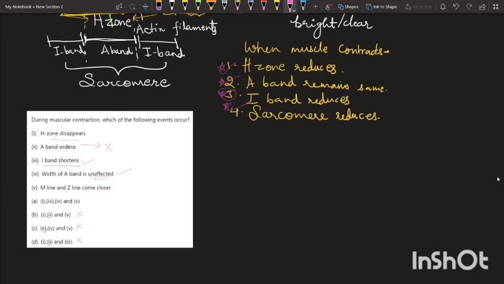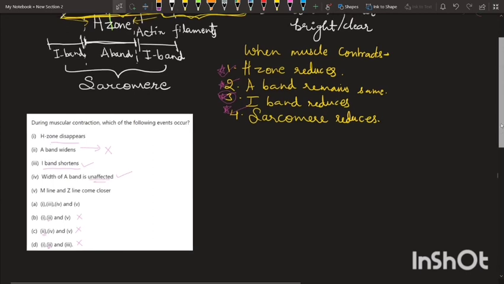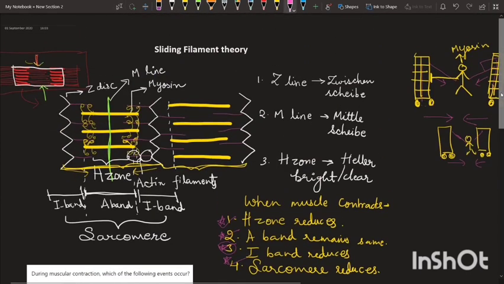Now although I have written here H zone reduces, but I have mentioned that when there will be maximal contraction, in maximal contraction these Z lines are going to be very much close to each other. So just imagine if they come very close to each other, this H zone will be eliminated. The H zone will disappear, won't it? So there will be no H zone, isn't it?